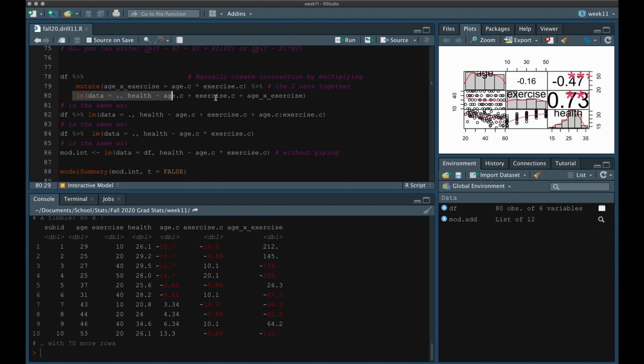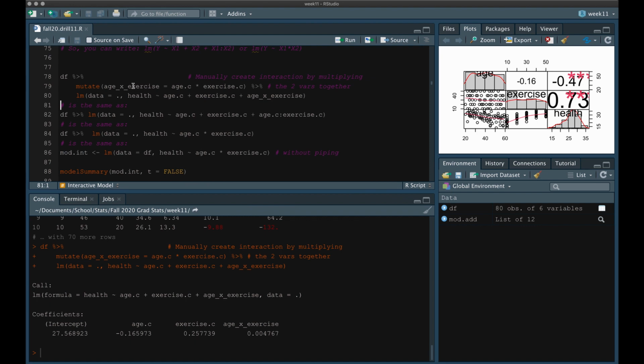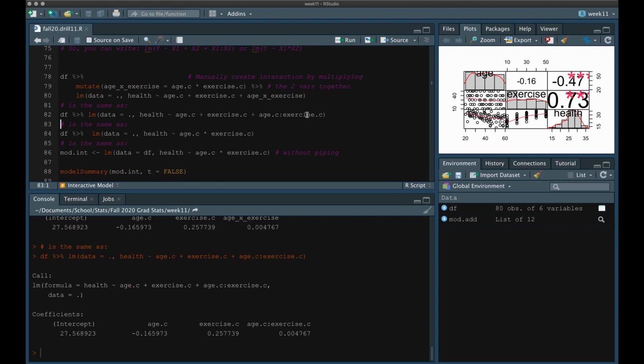And when we put that into our model, health regressed on centered age plus centered exercise plus the product of centered age and centered exercise, that is the same as if we said health regressed on centered age plus centered exercise plus centered age colon centered exercise, or that interaction of centered age and centered exercise.